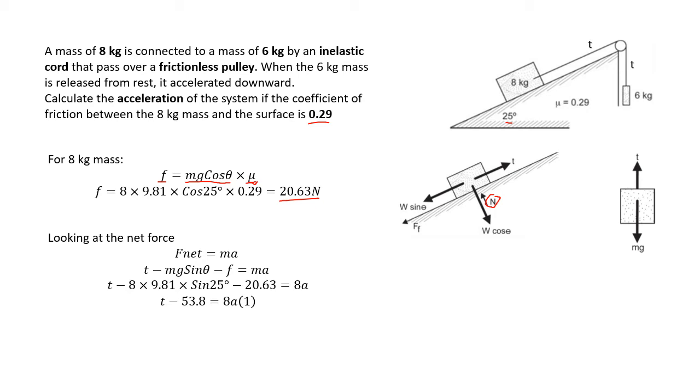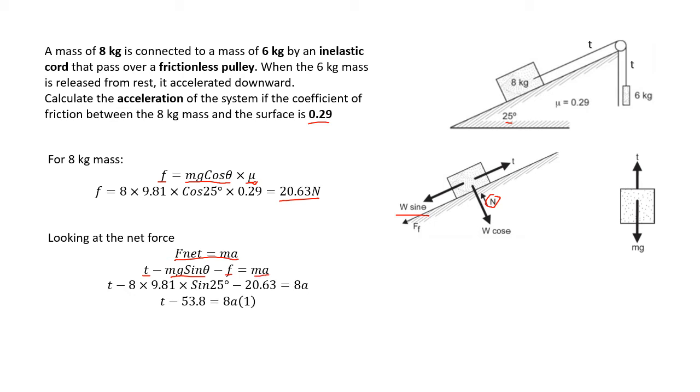Now, the net force of the system would equal ma. But the net force of this body is the tension minus the weight component here minus the friction, which we calculated earlier, and that equals ma.